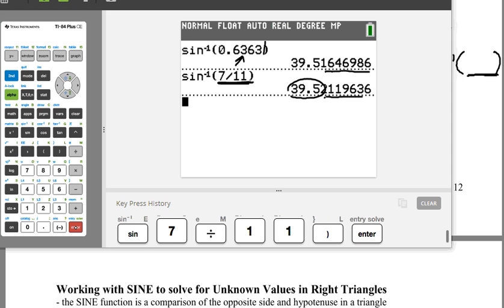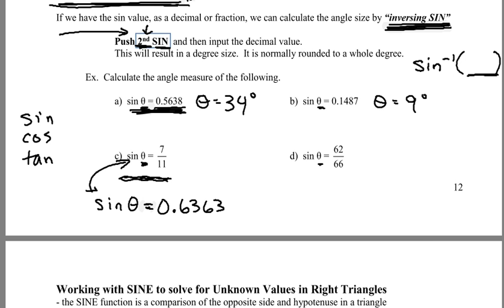But if I round, I still have a 40-degree angle. So two things to do when it's a fraction form. You can turn it to a decimal, or you can work with it as the fraction. So in this case, either way we did it, theta was 40 degrees.